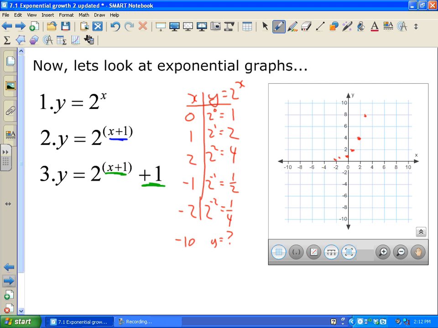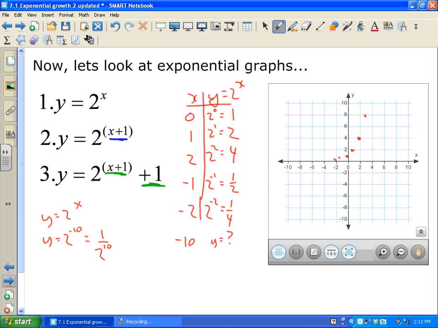Hopefully you guys did this. Well, let's see. y equals 2 to the x. So that's saying y is going to equal 2 to the negative 10. Well, that's a fraction. That's 1 over 2 to the 10th. 1 over 2 to the 10th is a very small fraction.